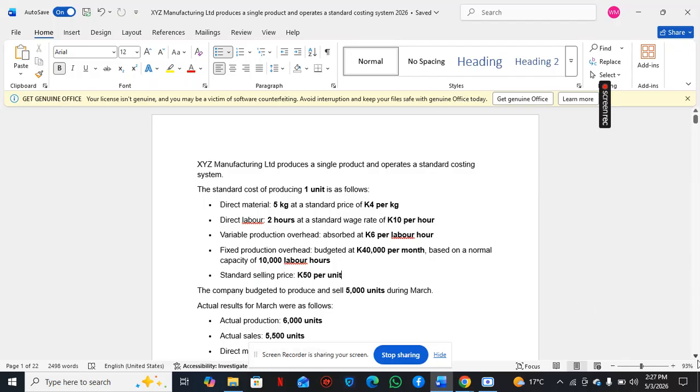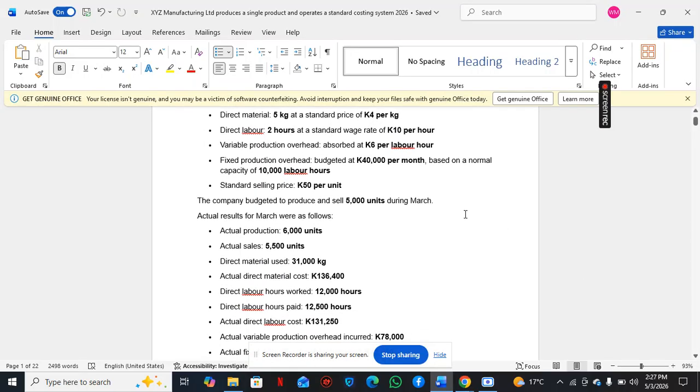Now, the company budgeted to produce and sell 5,000 units during March. Actual results for March were as follows. Actual production was 6,000 units. Actual sales were 5,500.